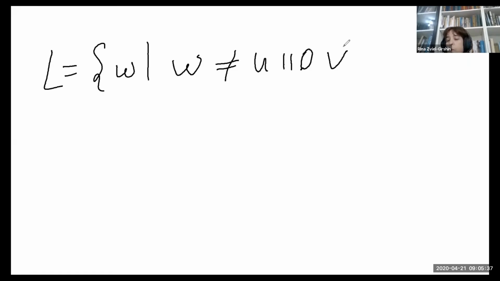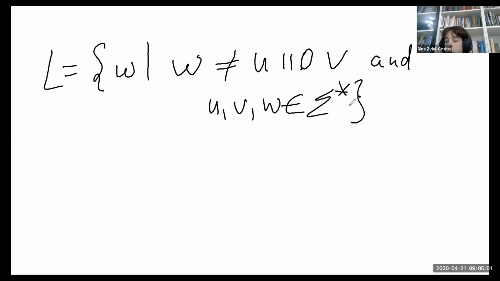So W is not having some prefix U, substring 110, and some suffix V, where U, V, and W belong to sigma star. Also, I could write the following definition. I could take sigma star and I could write minus the previous language, let's call it L1. So the same definition can be given.